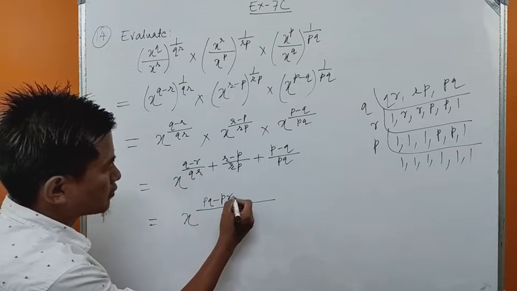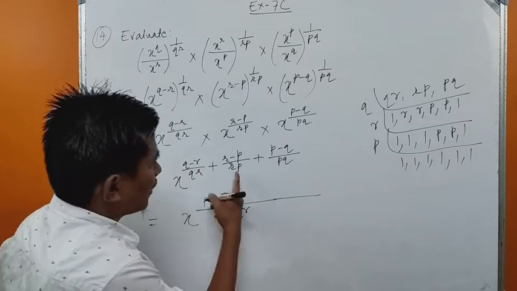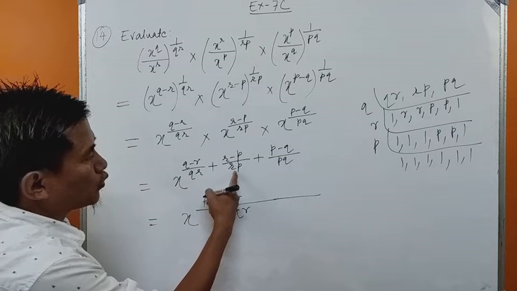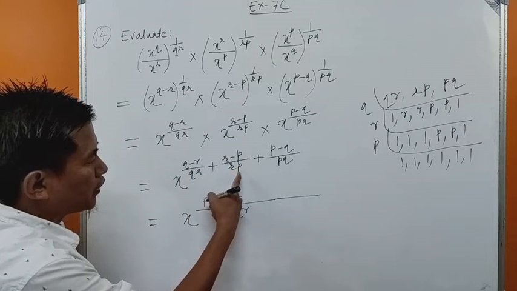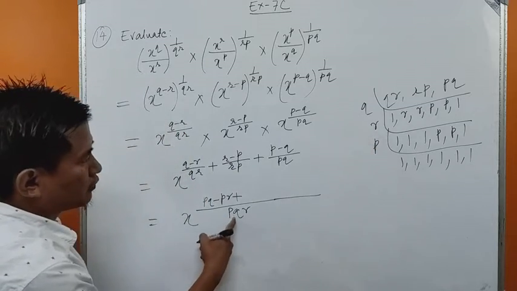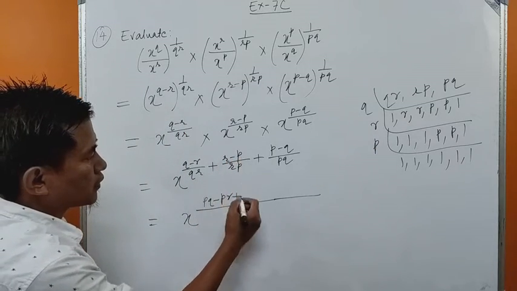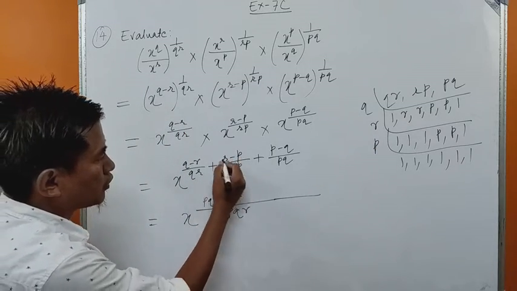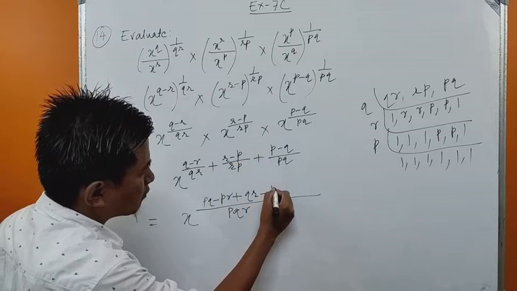Now this plus sign comes here. rp into q, we don't have q here, so rp into q is pqr, so that is q into r minus p, qr minus q into p, qp or pq, same thing.